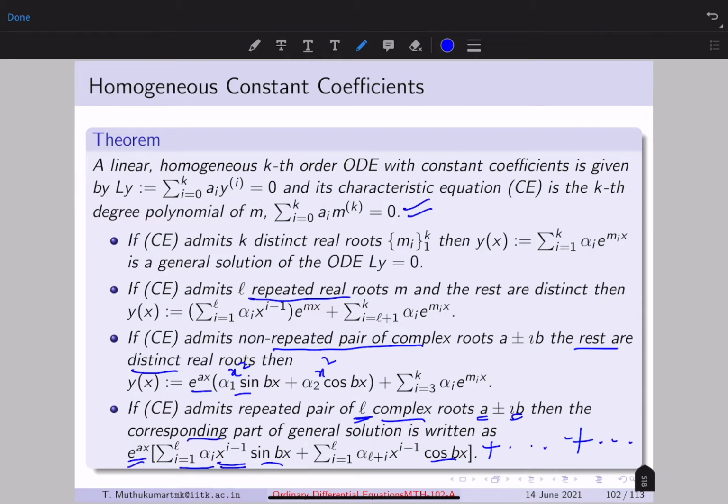Okay, so we will understand this with proof and examples. So we have 4 situations: distinct real roots, repeated real roots, distinct complex pair of roots, repeated complex pair of roots. Okay, 4 situations we will do with proof and examples.